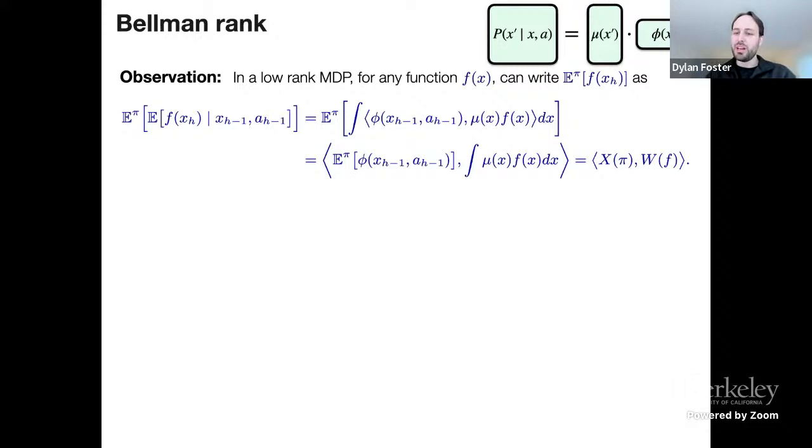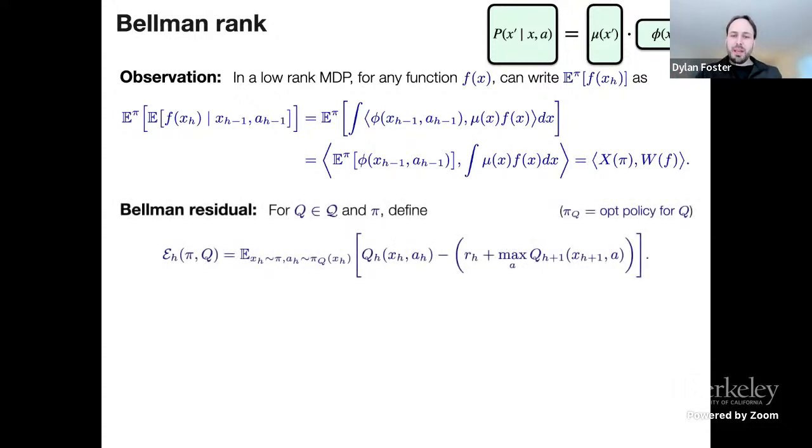So we get this factorization into a vector that depends on the policy and a vector that depends on the function I'm looking at. The idea behind Bellman rank is that there are certain functions where it's really useful to have this factorization property.